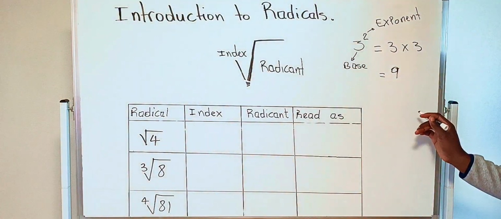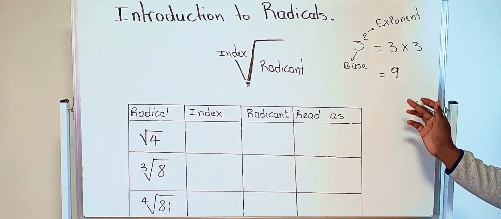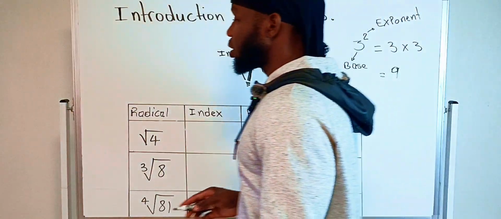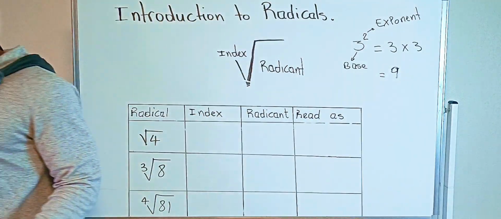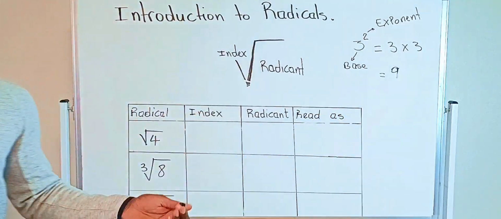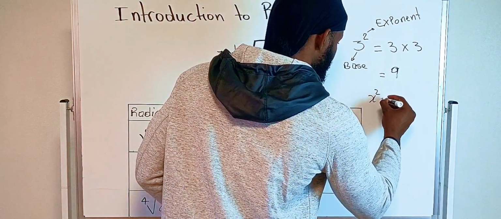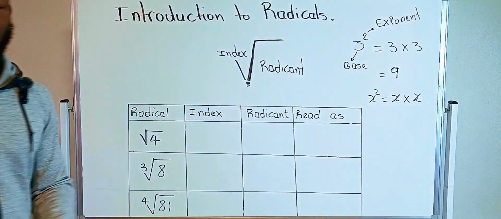Can we say that 9 is a perfect square? Starting from this definition, a perfect square is a number or a variable. It can be a variable too. Let's say x squared equals x multiplied by x.